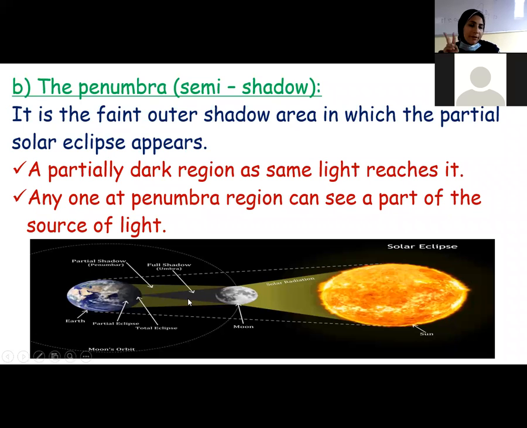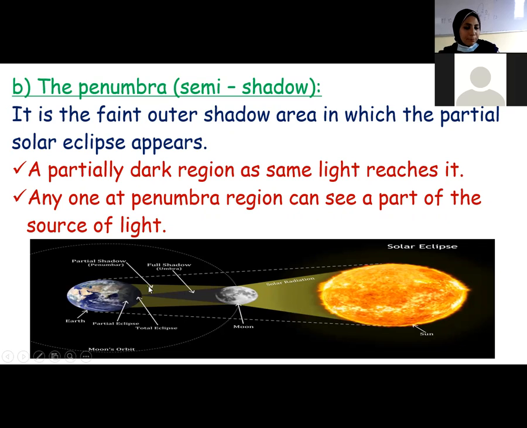So again, we have two types of shadow so far, umbra and penumbra. In the umbra shadow, the total solar eclipse happens because the moon seems the same size as the sun, so it totally blocks the sunlight.